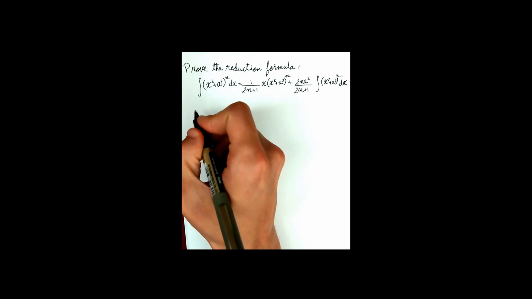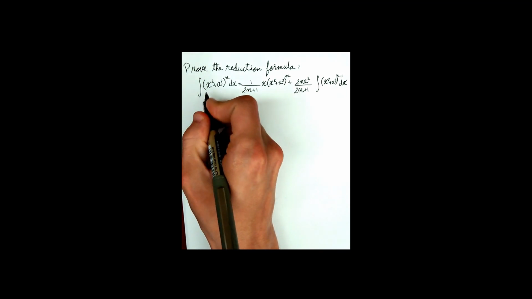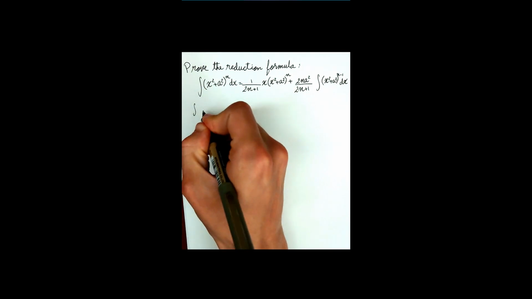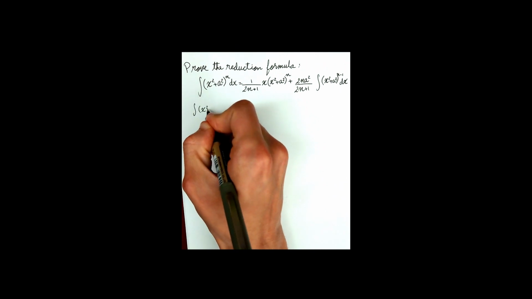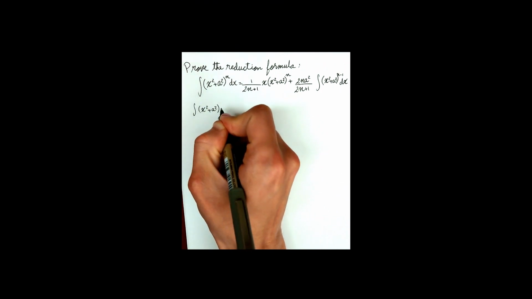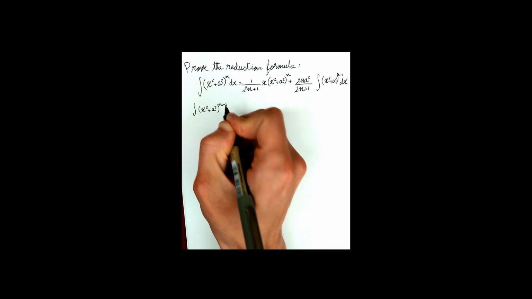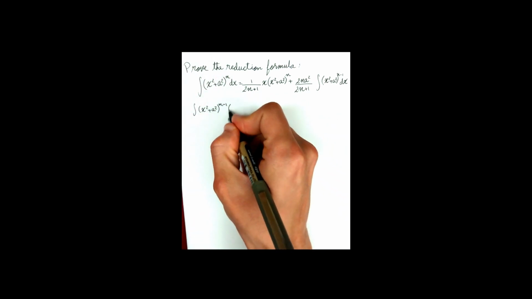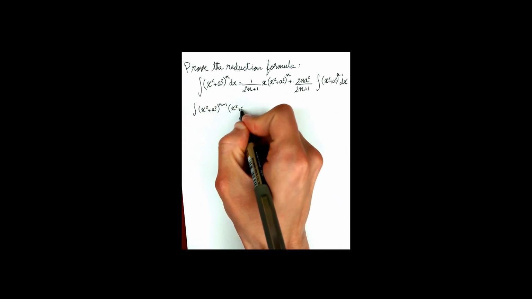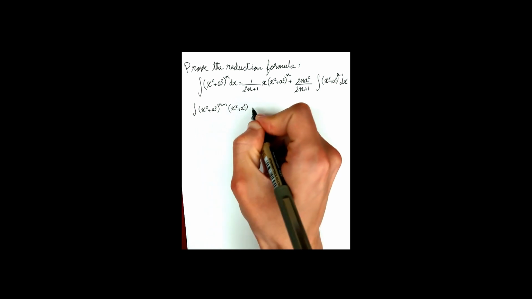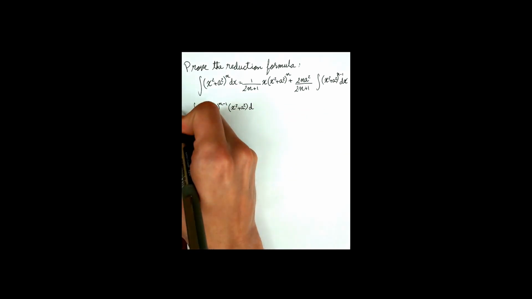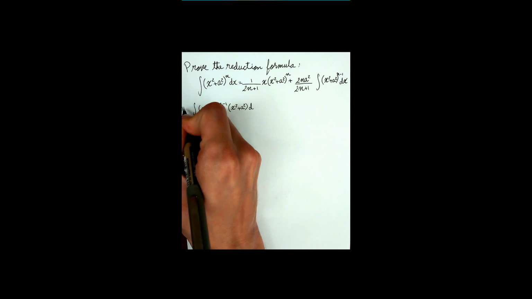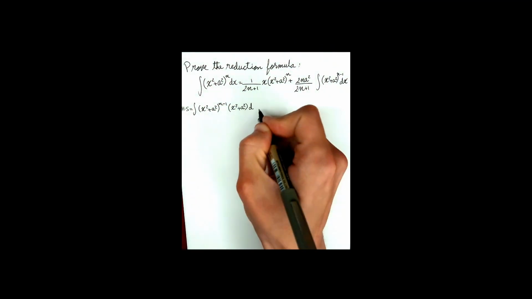split this into integral, or this bracket specifically, into x square plus a square power n minus 1, where we will multiply by x square plus a square. This is the left hand side, as you can see.